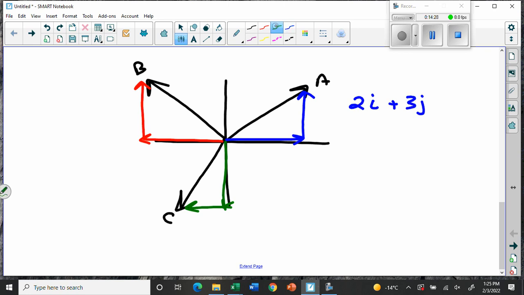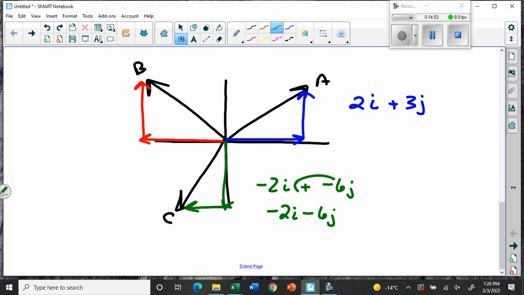And then let's say this one down here, the green one, vector C, looks like it's going down and over. So it's got a negative, let's say -2 for the x component, plus what looks like also a negative on the y, maybe -6j, which we would write as negative 2i minus 6j, right?